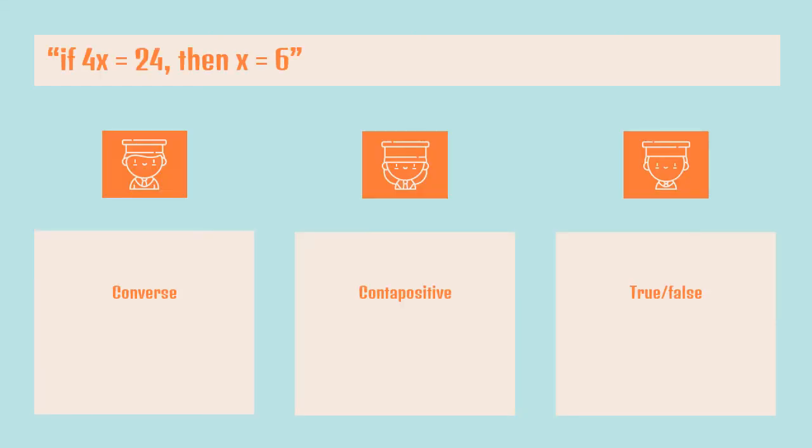So let's have another example. We have, if 4x is equal to 24, then x is equal to 6. Again, the statement is, if 4x is equal to 24, then x is equal to 6. The converse of this is, if x is equal to 6, then 4x is equal to 24.